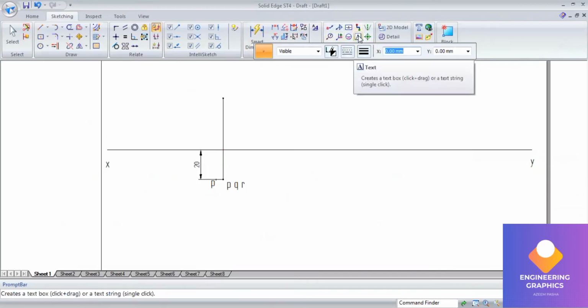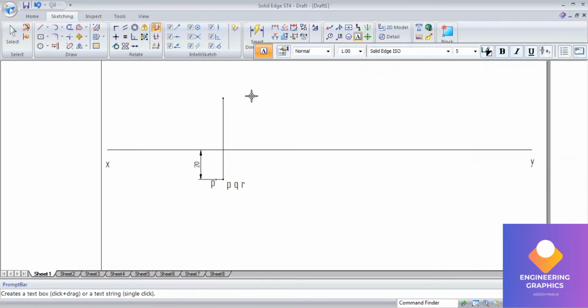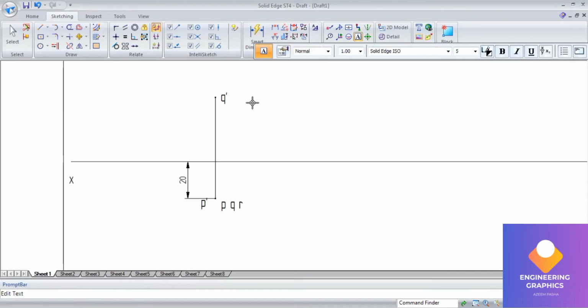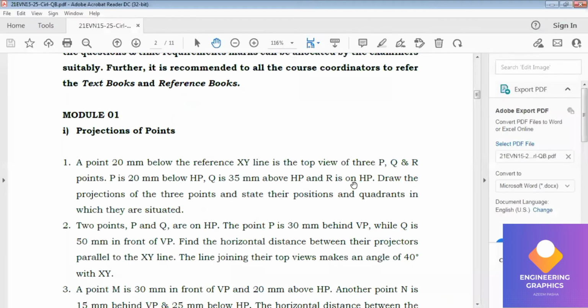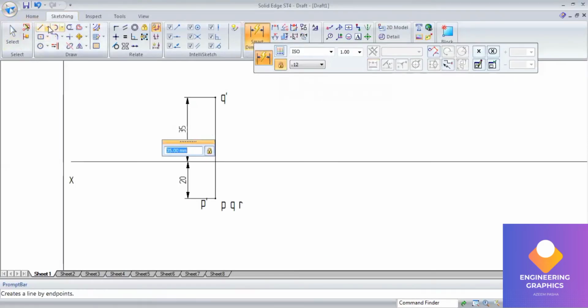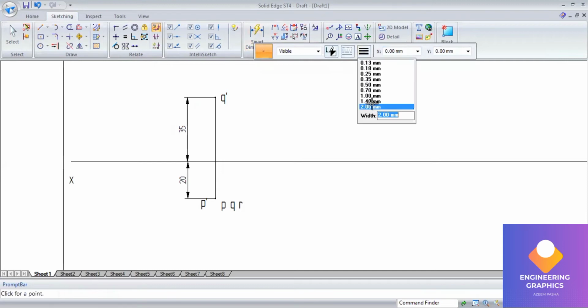This is your Q dash. Now R is on HP. R is on HP means on the XY line we should mark the point here. So this is your R dash.